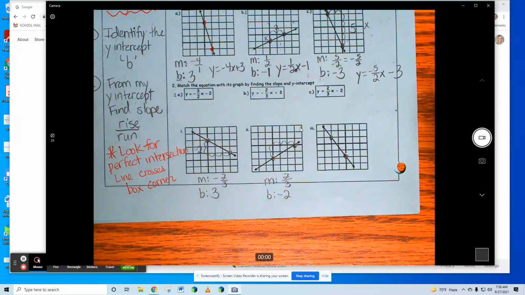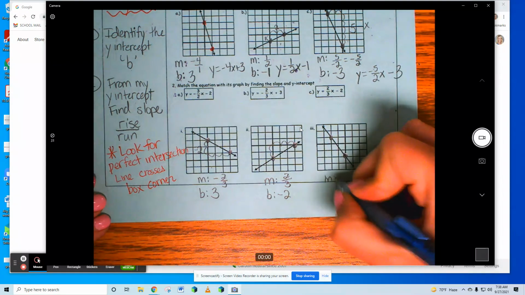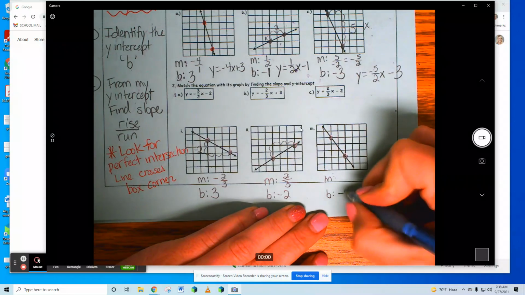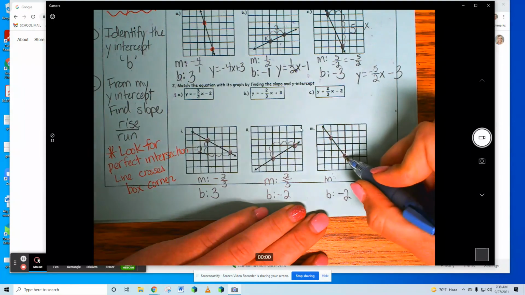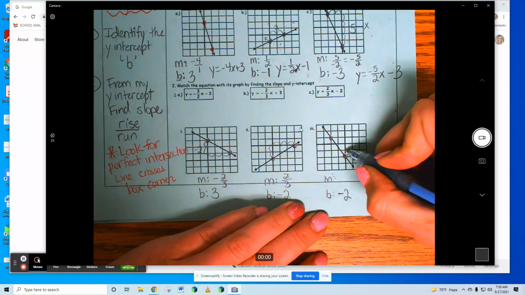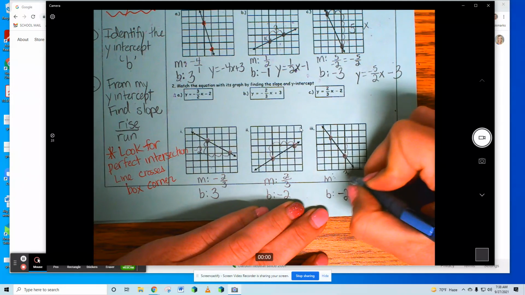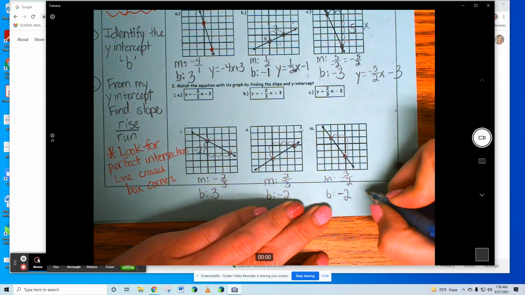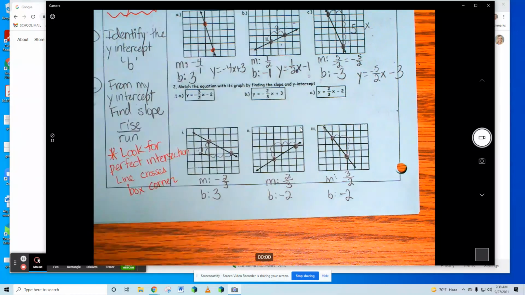Roman numeral 2 has a positive slope. Okay, begin at -2, that's my y-intercept. Rise 1, 2, 3. Run -1, -2. So that should help a lot.